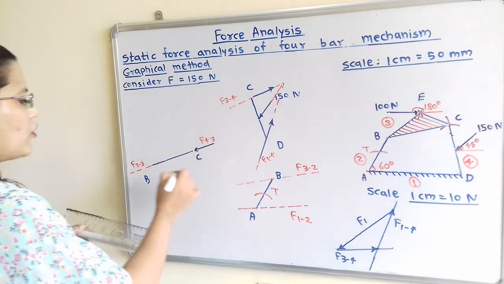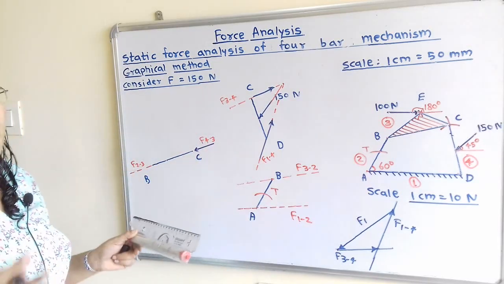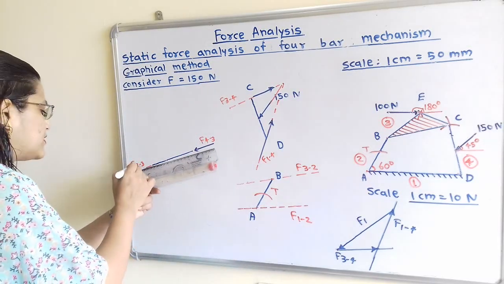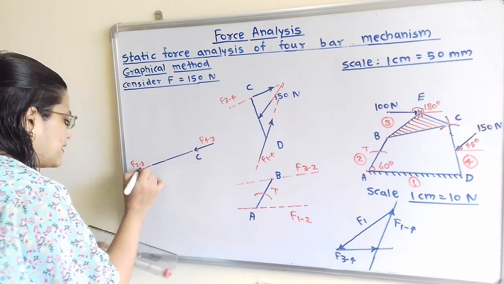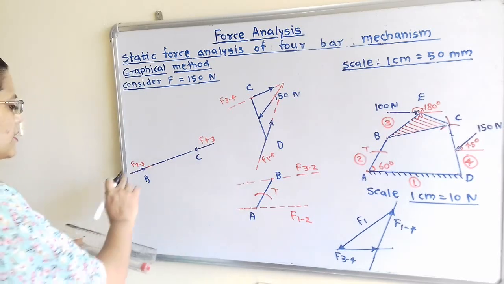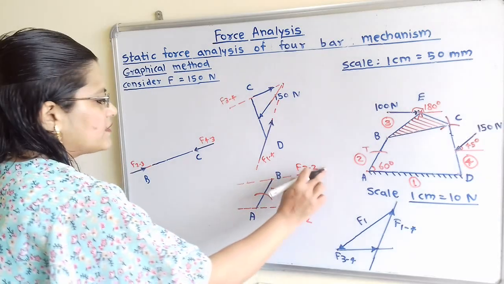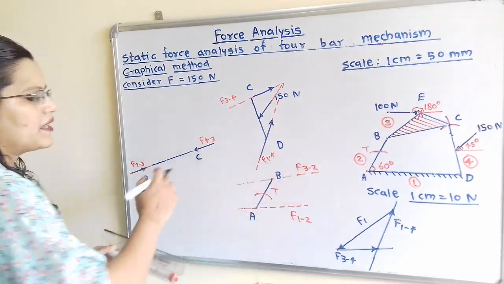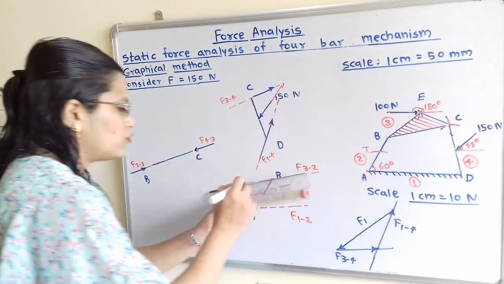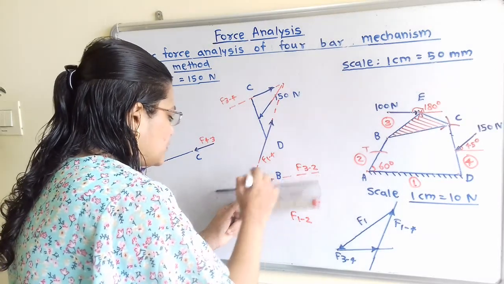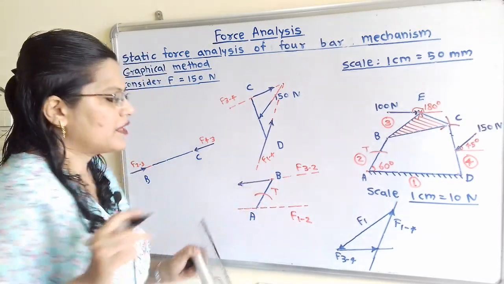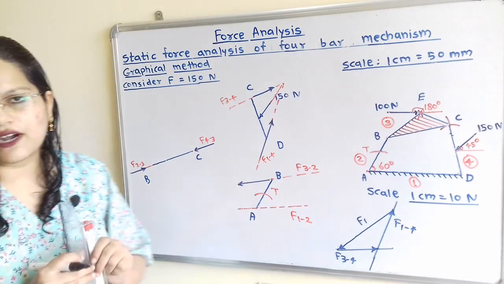Now F of 4 to 3 and F of 2 to 3 are equal in magnitude but opposite in direction. So we have to show the direction opposite to this. Now F of 2 to 3 and F of 3 to 2 are equal in magnitude but opposite in direction. So I have to show the direction in the opposite direction, that is here. Now this is the two force and one torque member.